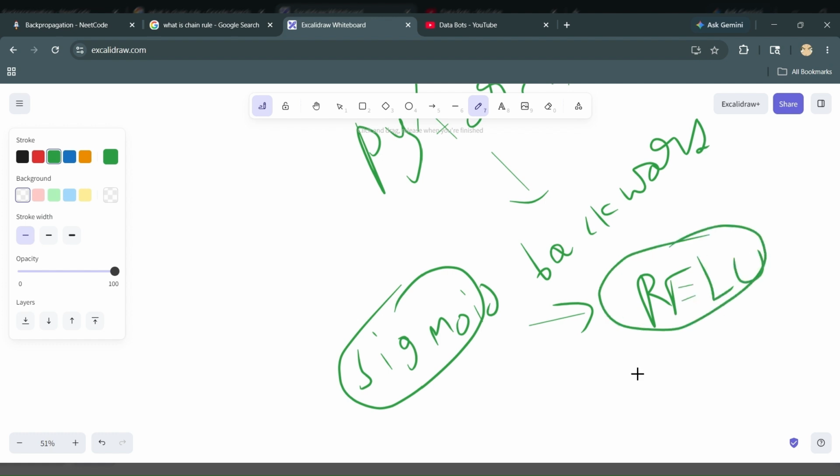Next video is about multi-layer propagation. And that is the same thing we have discussed, but with different steps. So I urge you guys to remember the chain rule, all the things, to understand how it works.